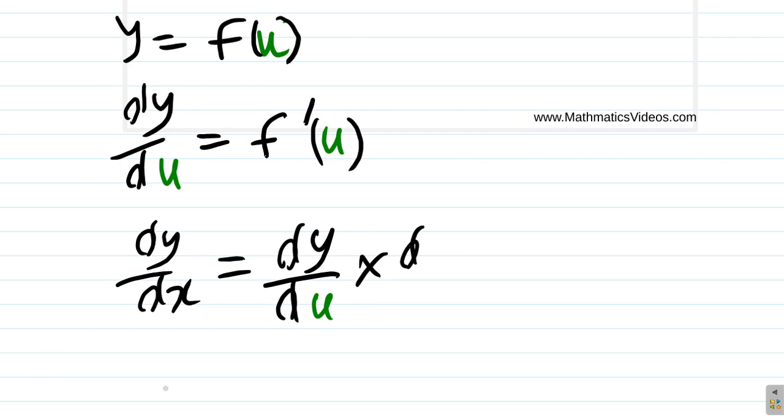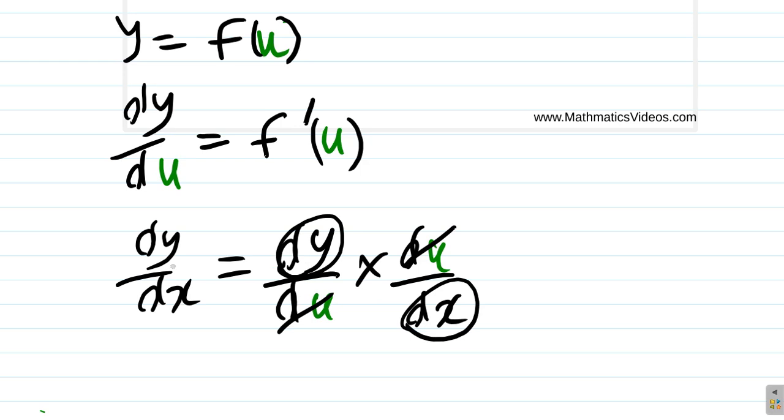So we multiply it by du by dx. Notice if we consider dy by du and du by dx as fractions, the du would cancel the du. So we have dy over dx, and this looks like dy over dx. You see that?